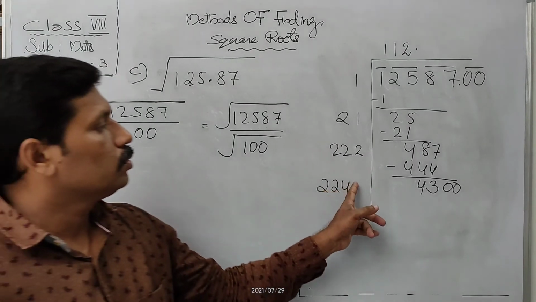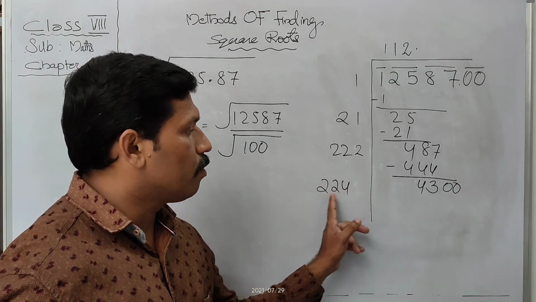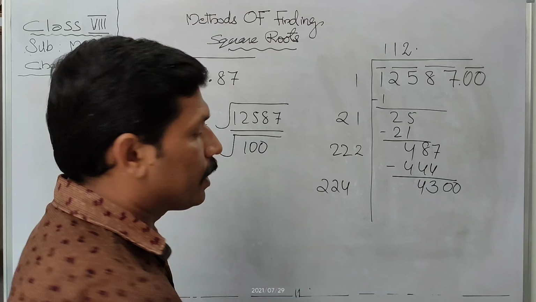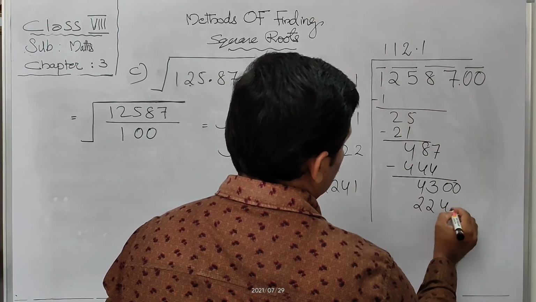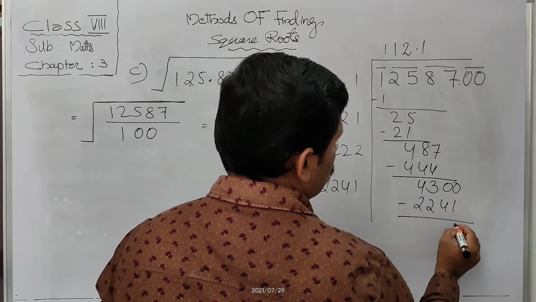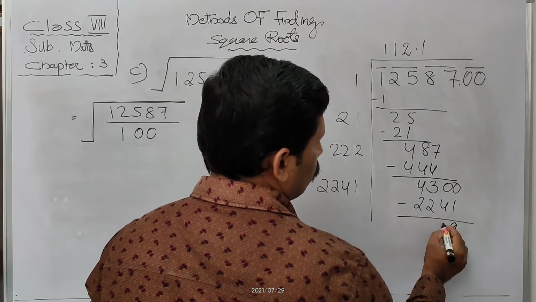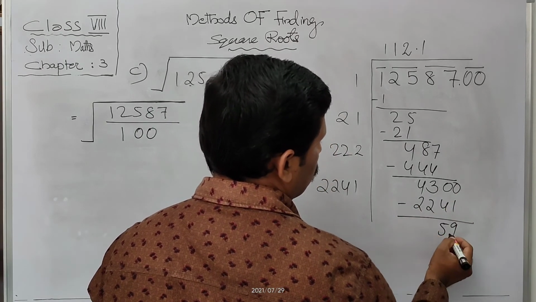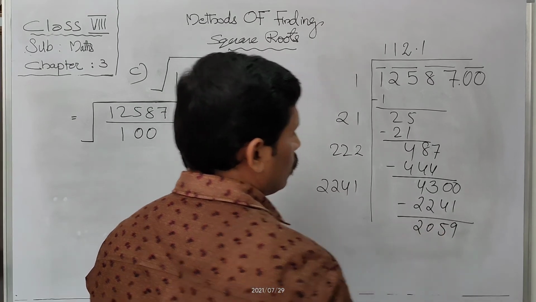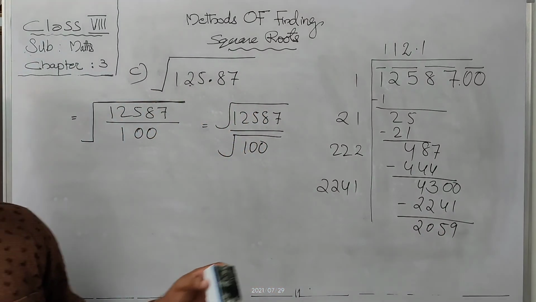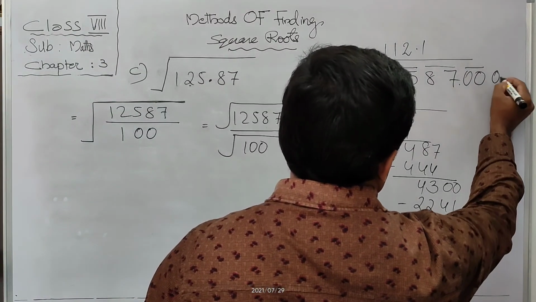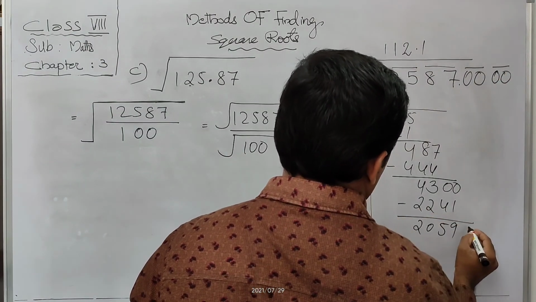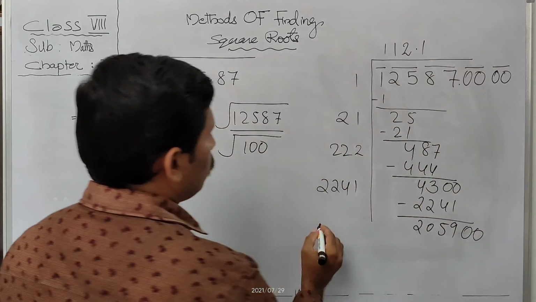If you write here 2, then this will become 4400, but here it is 4300, therefore we write 1 here. 2241. Again we subtract, and we get 2059. Again we make one more group of zeros.